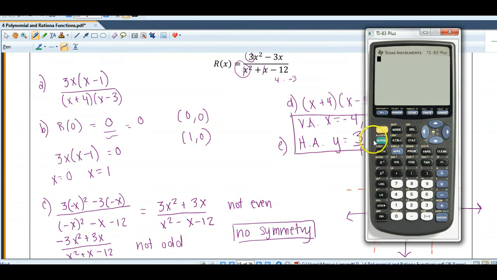Alright, so where's the cursor? Y equals 3x squared minus 3x over x squared plus x minus 12. Graph.